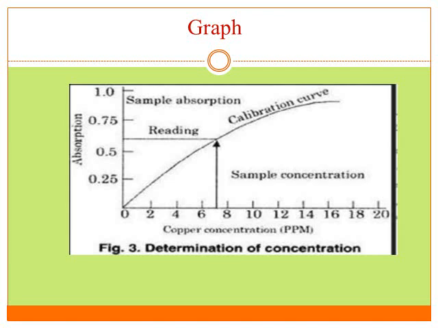When you look at the graph, especially the absorption against, let us say, the copper concentration in ppm, the absorption intensity initially goes on increasing, then it goes on flattening, so it is not completely a straight line.